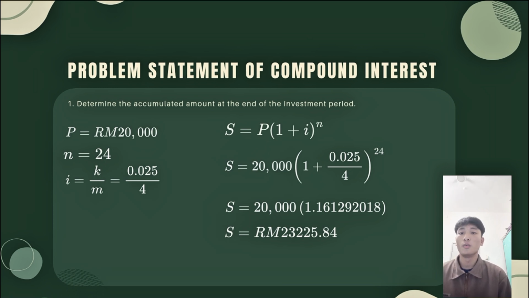First, we multiply 20,000, open the bracket, 1 plus 0.025 divided by 4, close the bracket, power by 24. First we solve everything in the bracket, then we multiply the answer with 20,000, then the answer we will get is 23,225 ringgit and 84 cents.